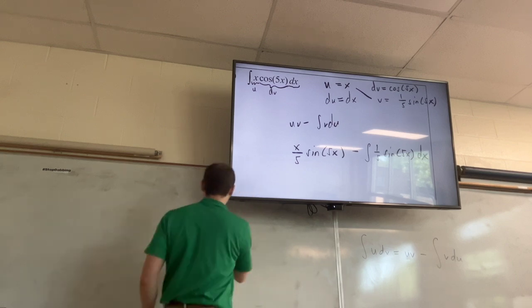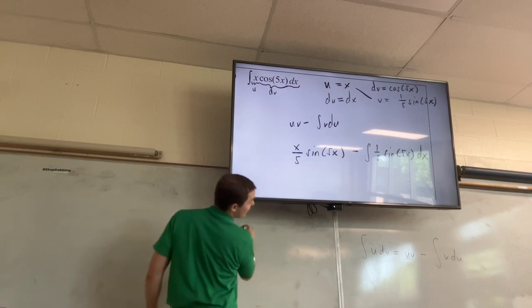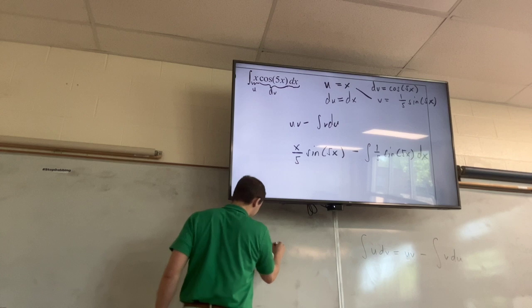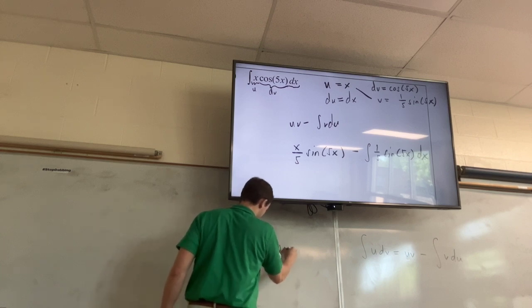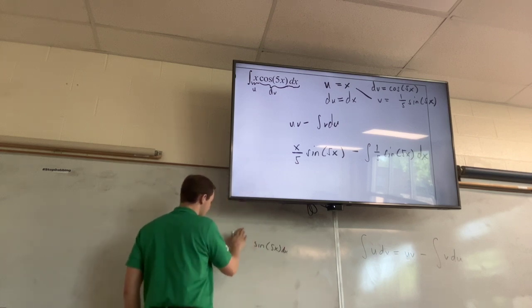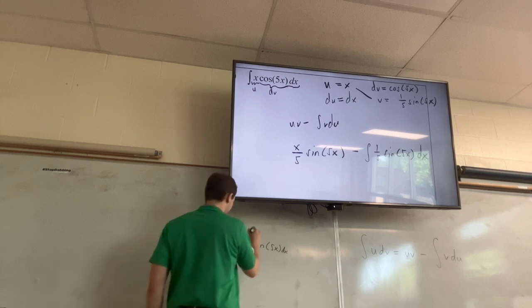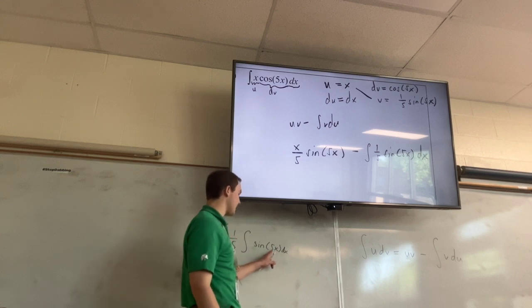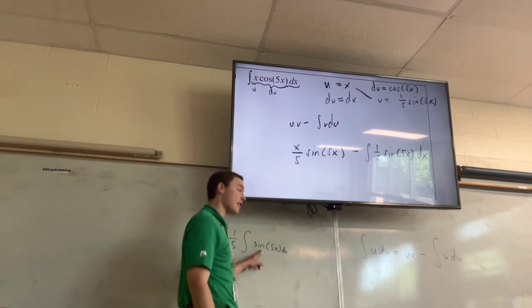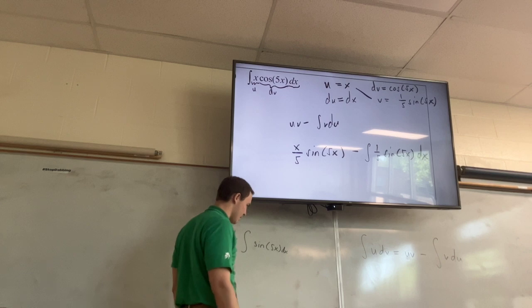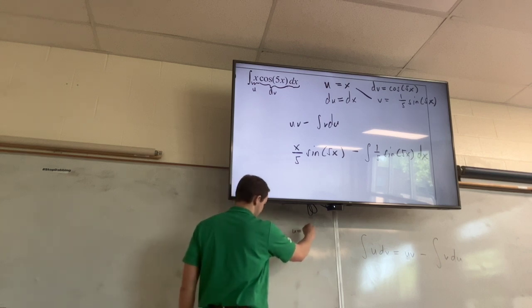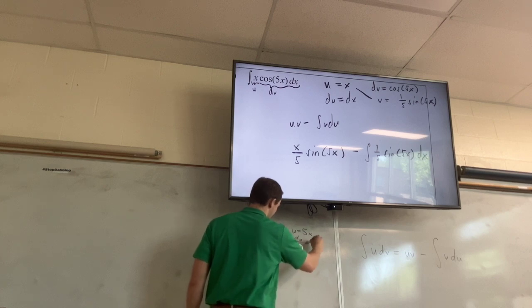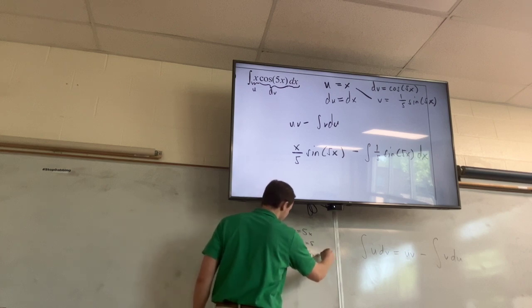Okay, so let's do that antiderivative together real quick. Antiderivative of 1/5 sine 5x dx. Let's pull the 1/5 out because I'm allowed to do that since it does not depend on x. 5x is a function nested inside of my sine. So u equals 5x, du dx equals 5, so du equals 5 dx.